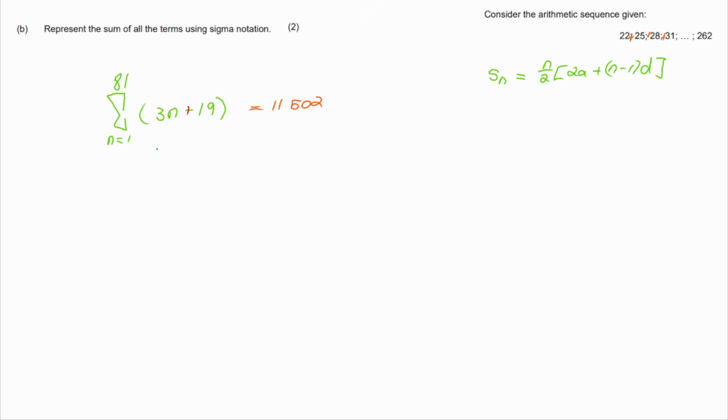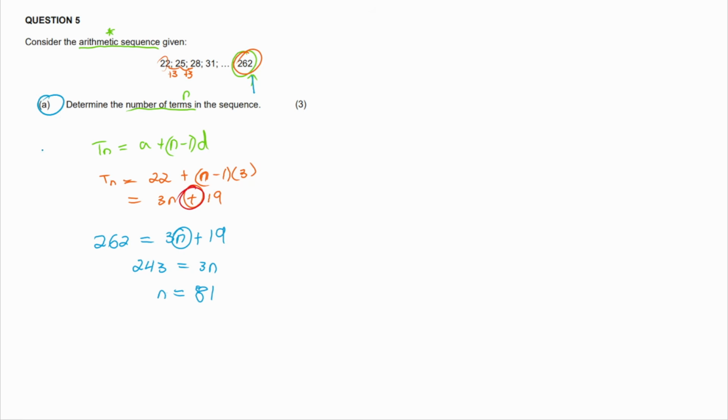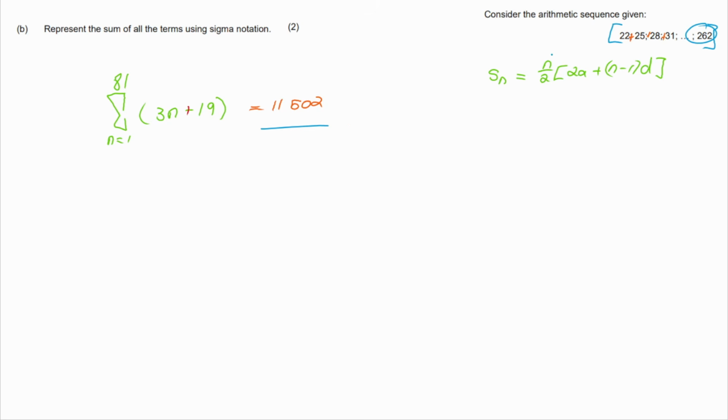We know that if we add all of the first 81 terms, we get 11,502. Here are the first 81 terms. We knew this is the 81st term because we calculated it here in A. And we know if we add 81 terms, we get 11,502.